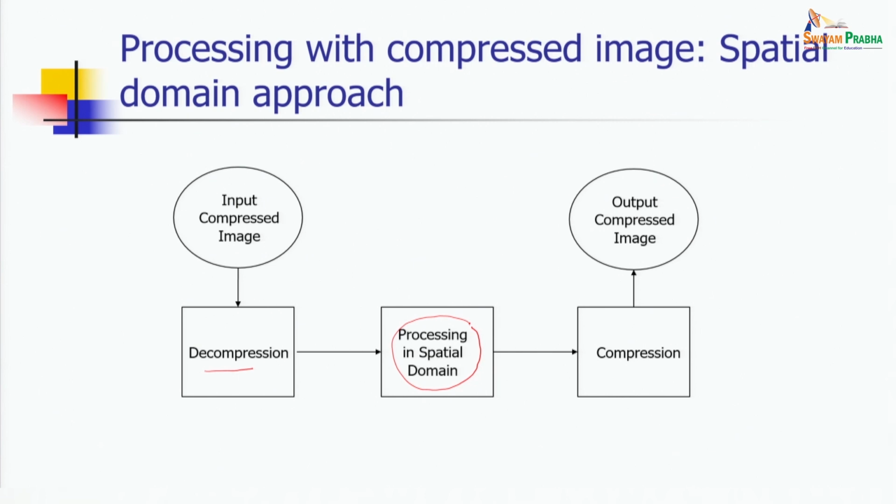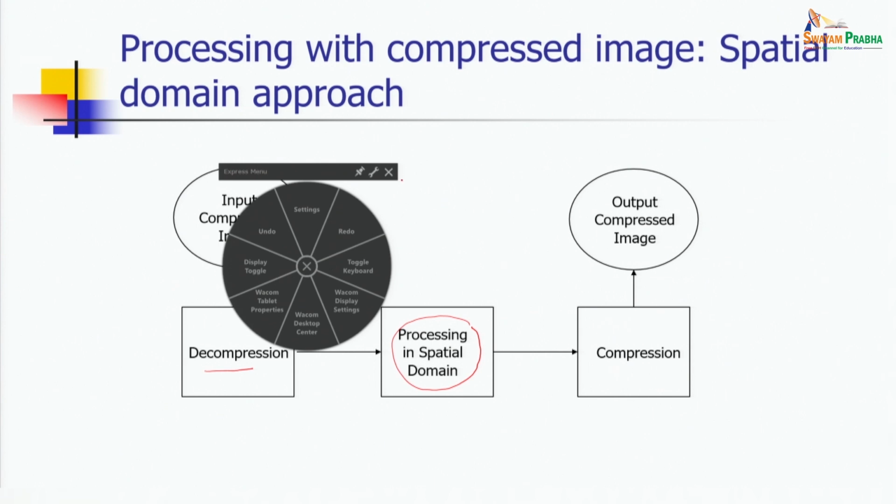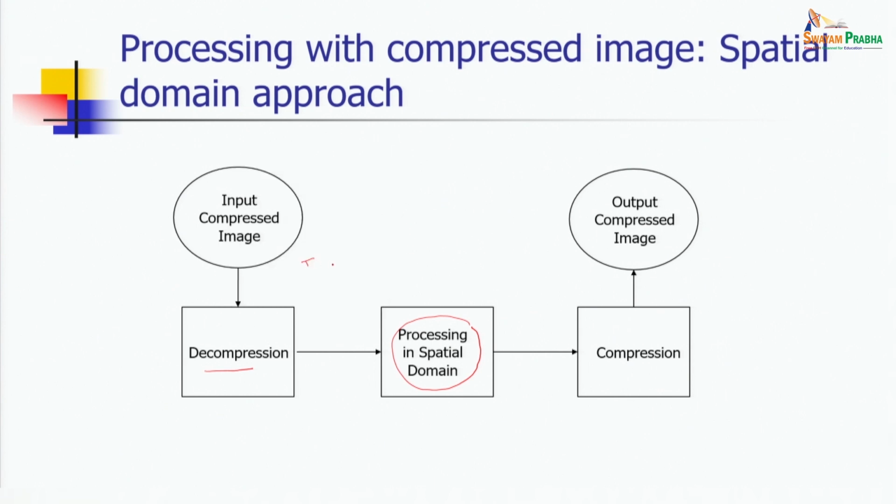So you can store many images if they are compressed. Like the JPEG compression standard we have, mostly you will find those images are stored in this JPEG compression standard.